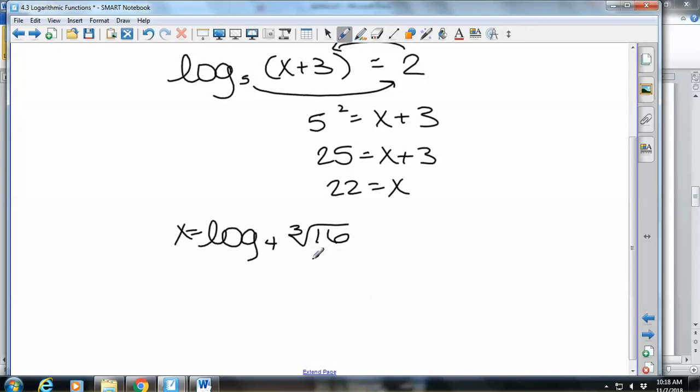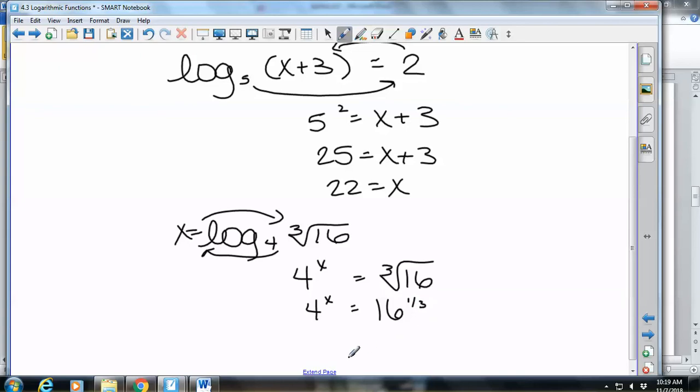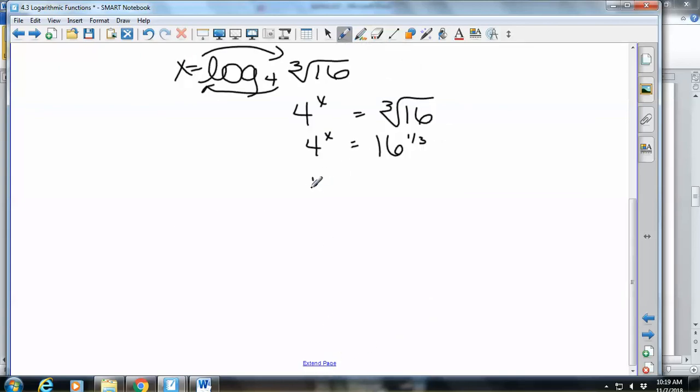2 options, really. Give me one. You could change to exponential. You guys, I picked this one because you struggled a bit writing those as powers. The cube root is what power? 1 third. 4 to the 2 thirds.